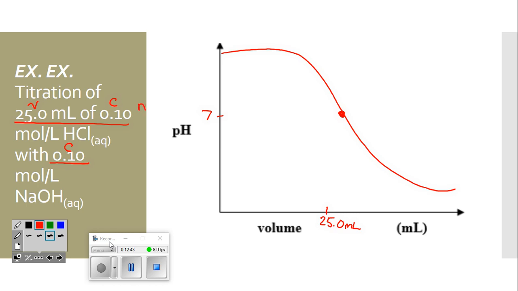So I would figure out how many moles of acid did I have and how many moles of base did I need. Oh, I just realized I drew this upside down. Everyone else notice that? Good. I drew it upside down. It should be going from small to high.